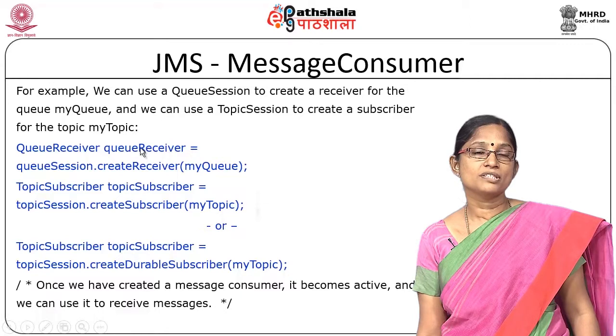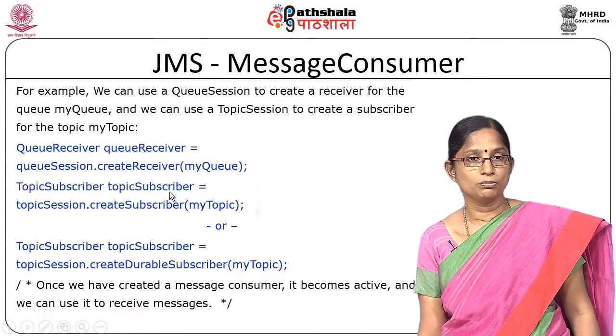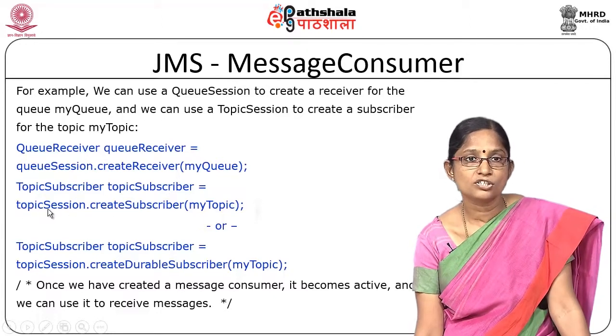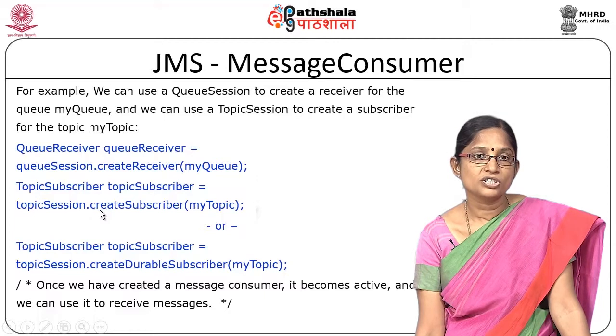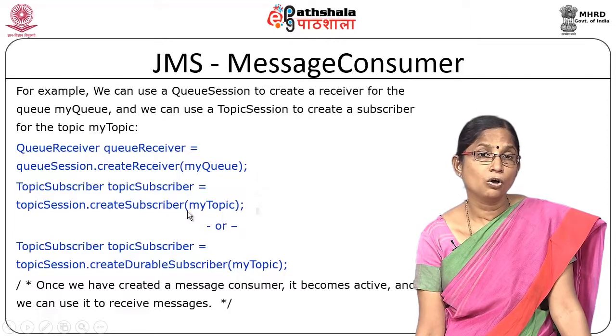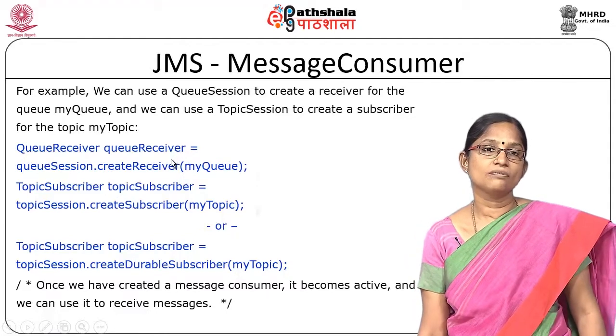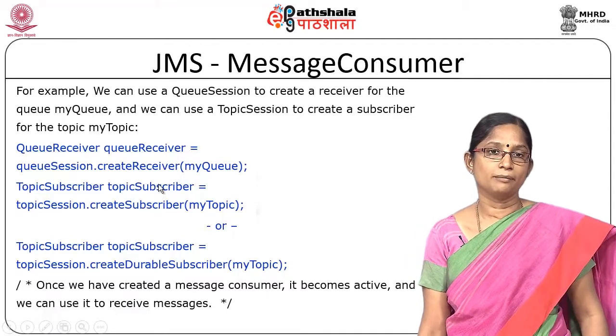Suppose instead of a queue receiver, we want to make it particular to a topic, then we can create a variable called topic subscriber. Here the topic subscriber is going to be the message consumer. The topic subscriber has to be created from the session called topic session, where we call the create subscriber method. So, we can follow either the queue receiver or the topic subscriber.